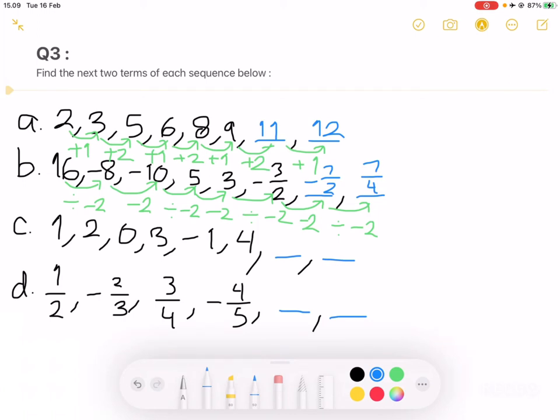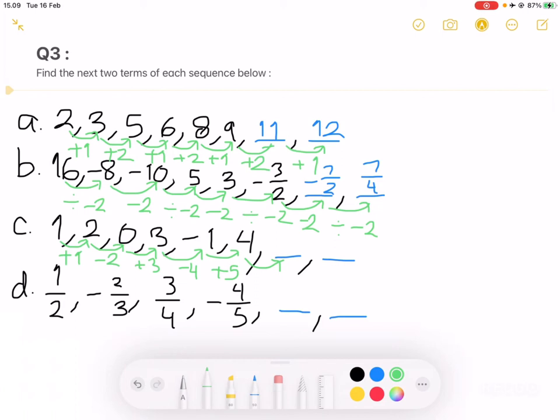Alright, for part C, notice the pattern right here. If we add this, we get +1 for this, and then we subtract by 2, and then +3, and then -4, and then +5. Therefore these signs are changing depending on the order of the differences.